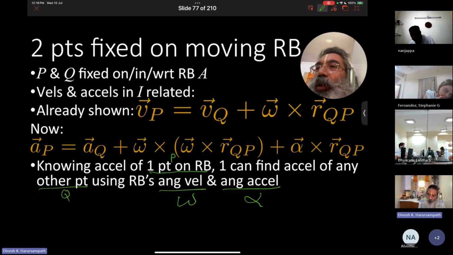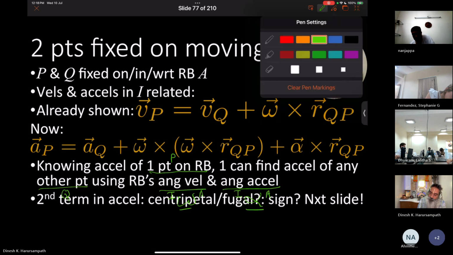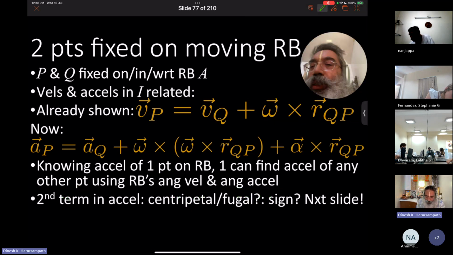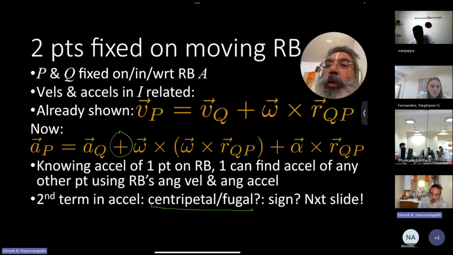But very carefully, we should mention always that these are vectors, the angular velocity of A in I and the angular acceleration of A in I. Coming to the second term, I think I already mentioned this. In terms of the centripetal and centrifugal, we already saw that what looked like a positive actually turned out to be negative. So that's fine.